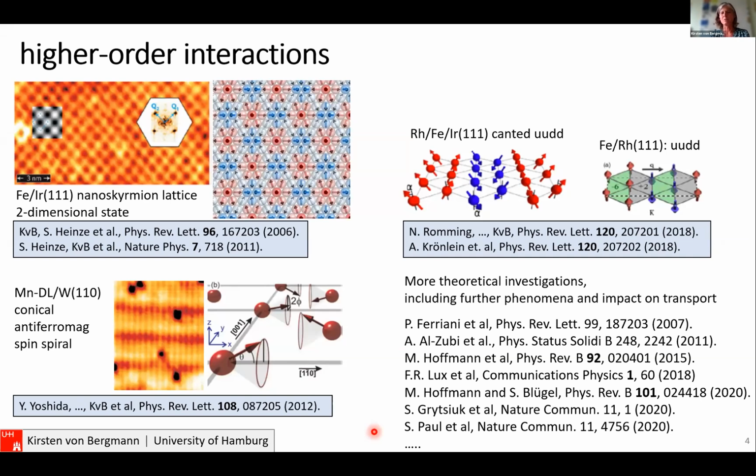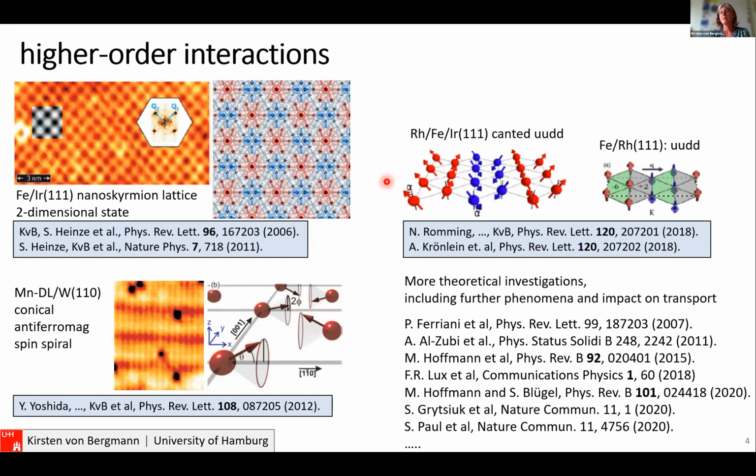For example, it has also been shown that higher order interactions can stabilize skyrmions against collapse. So this is an evolving field. And the question is, how can we contribute from experiments? And how can we actually identify these kinds of spin structures?